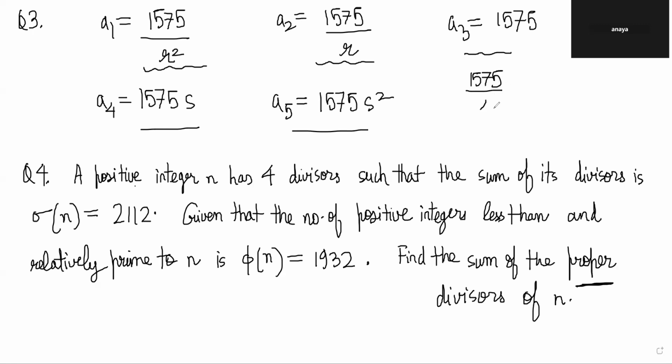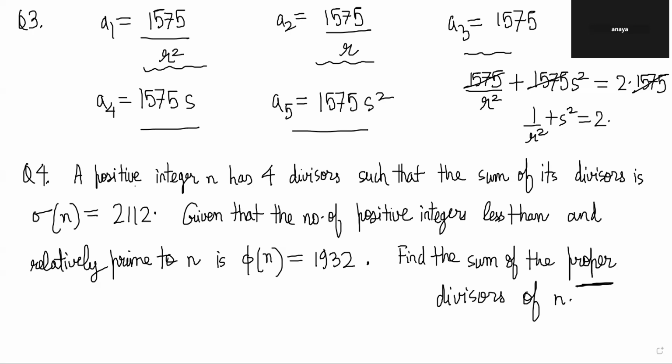So we get an equation like this, twice 1575. You can cancel 1575 everywhere. You get 1 by R square plus 1 by S square is equal to 2, right?